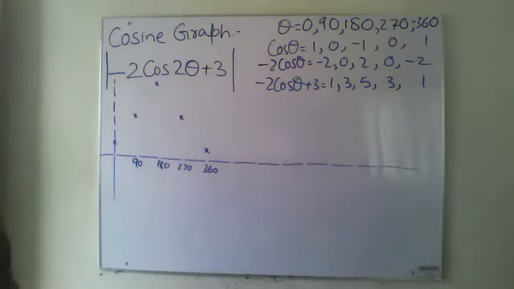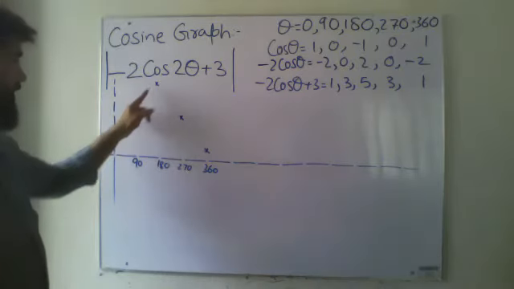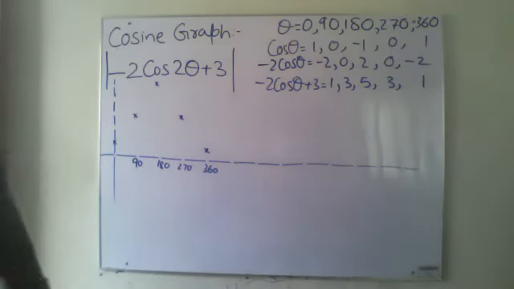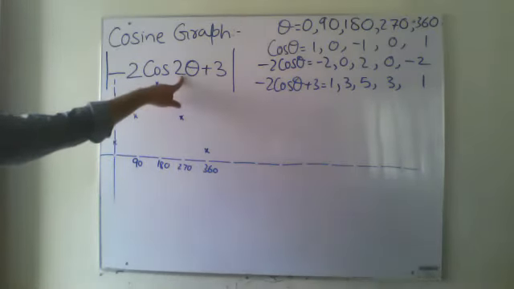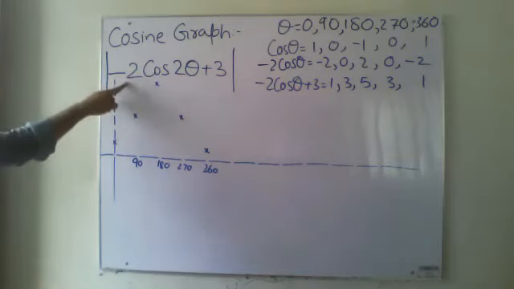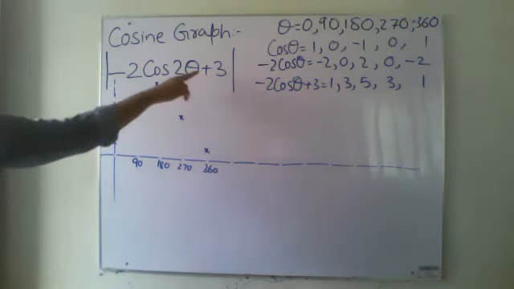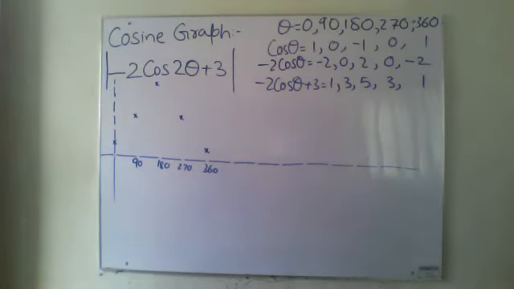Okay, this is my graph. 1, 3, 5, 3, 1. Now they are saying 2 cycles. I have done change of amplitude, I have done change of axis. Now I'm going for change of number of cycles.